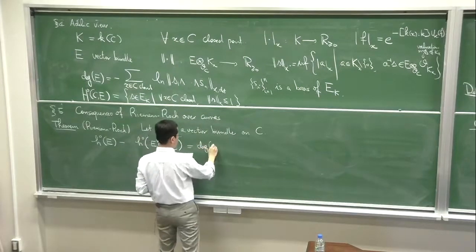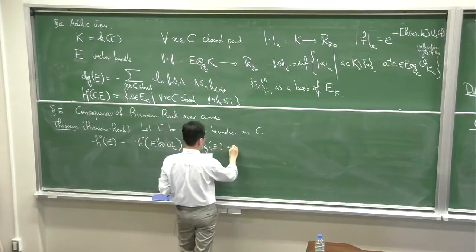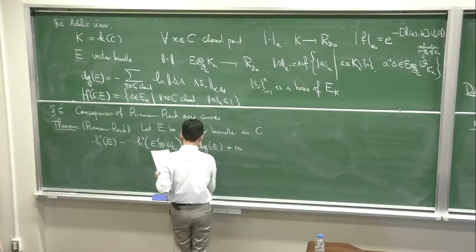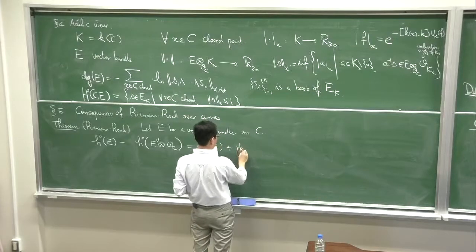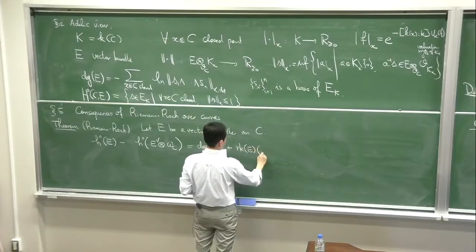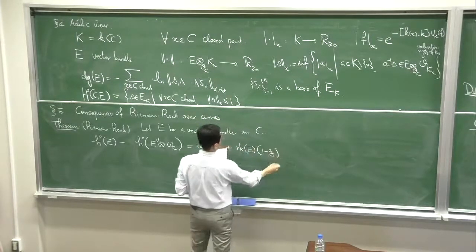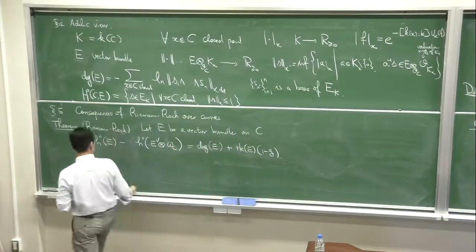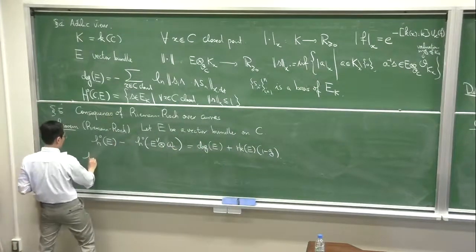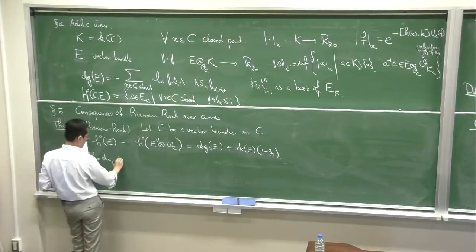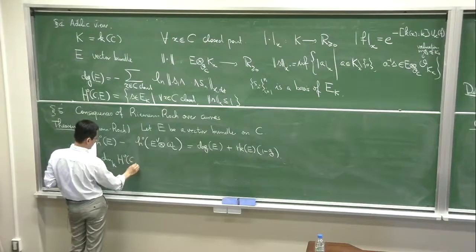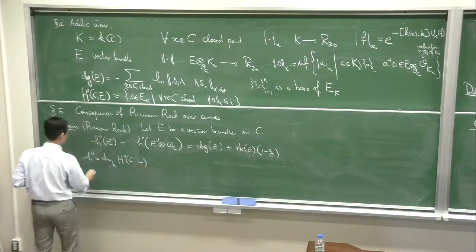So it's equal to the degree of E plus the rank of E times (1 minus g). So here H^0 of something is the dimension over the base field k of H^0_C of something.